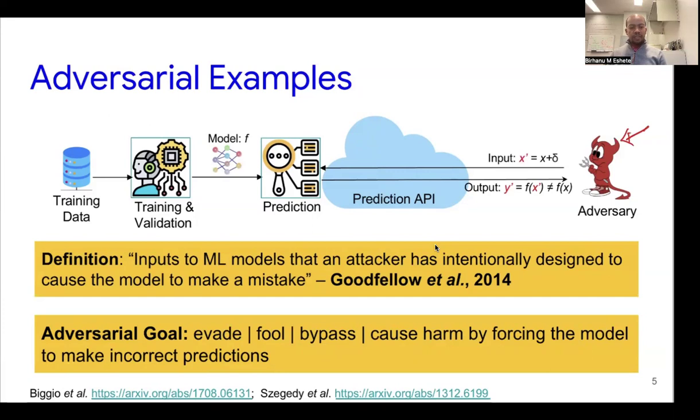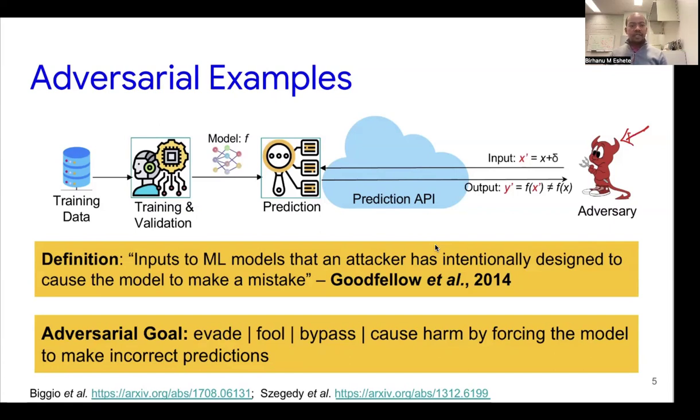So the goal of adversarial examples is, at the end of the day, the adversary wants to evade or fool or bypass a certain checkpoint that is powered by a machine learning classifier. And this could also translate to causing harms or might have negative consequences that would potentially harm people. And I'll give you examples as to where this is possible.